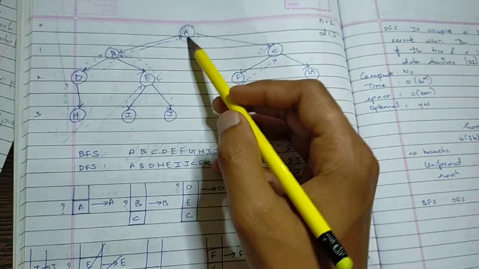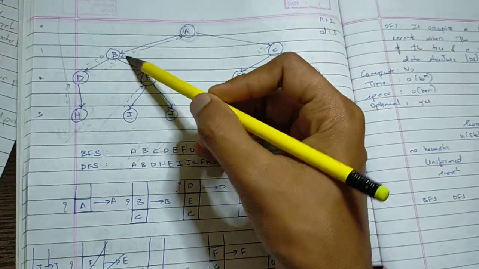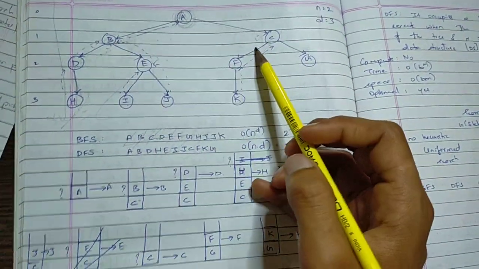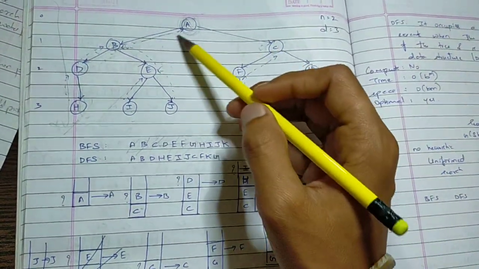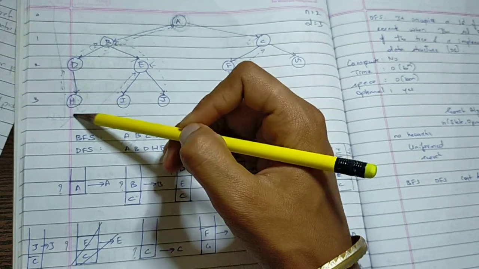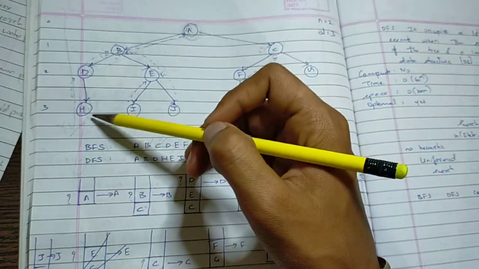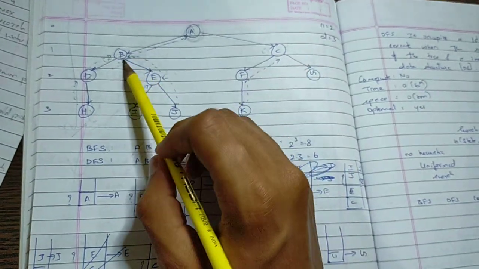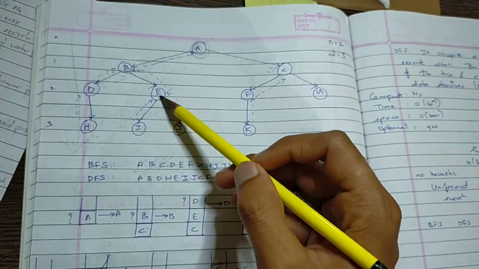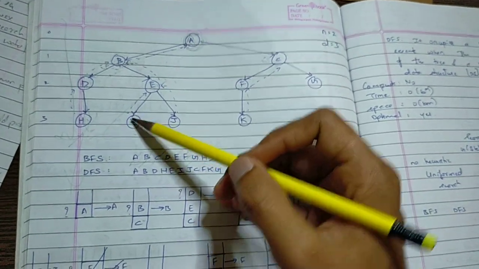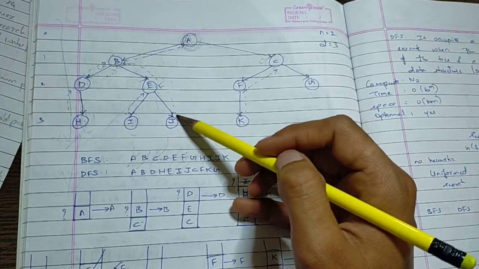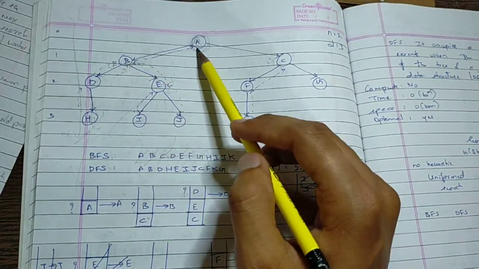According to DFS, first you will consider A and go to B, then to D, then to H. Then H doesn't have any child node to go further, so it will backtrack to D and B. Again B has another neighboring child node, E. So you will go to E, then you will go to I. I doesn't have anything, then again you will backtrack and come to J. Then J doesn't have any other child node, then you will backtrack to E, then to B, then back to A.